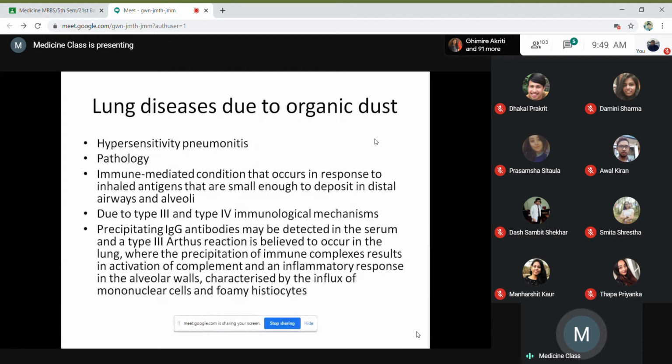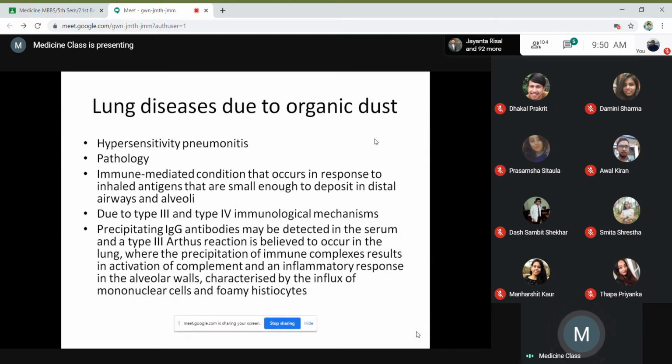So type 3 is because of an immune-mediated hypersensitivity reaction, and type 4 is because of a delayed hypersensitivity reaction to the antigen. And precipitating IgG antibodies may be detected in the serum in the type 3 Arthus reaction.